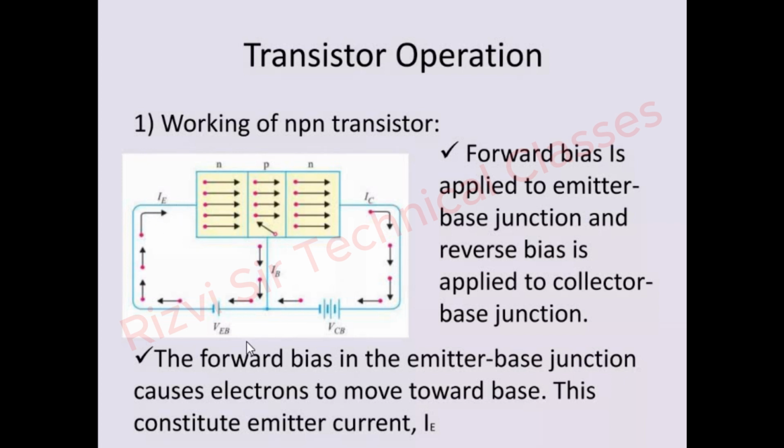This is the common base, this is the collector base, this is the emitter base. Here is the emitter, here is the base. This area is called emitter base and this area is called collector base.